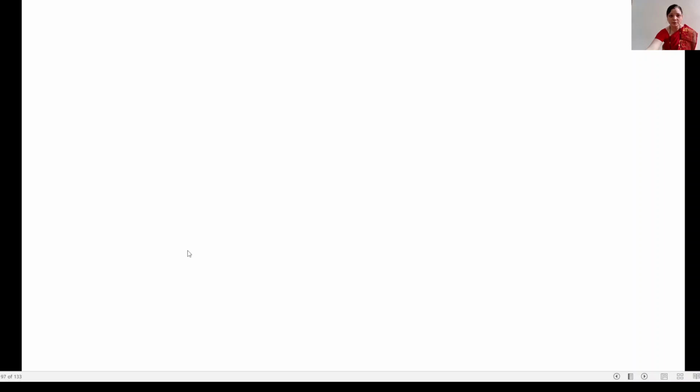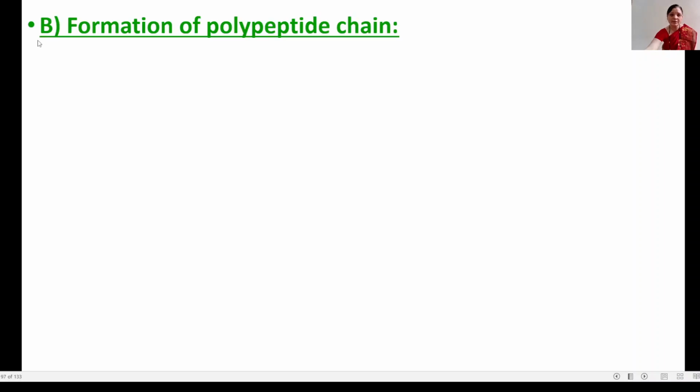Then the second step of translation, that is the formation of the polypeptide chain. First step is the activation of the amino acid, and second step is the formation of the polypeptide chain. But formation of the polypeptide chain again consists of 3 steps. Which 3 steps?